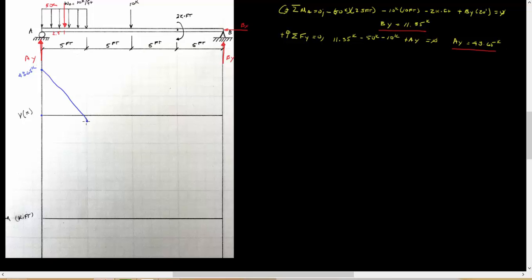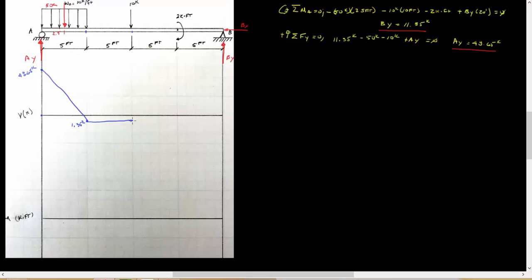And this down here would be 48.65 minus 50, so this is going to leave us at 1.35 kips below, so it'd be a negative 1.35 kips if you will. Now nothing is happening on the beam between 5 feet and 10 feet, so our shear stays at negative 1.35 kips.